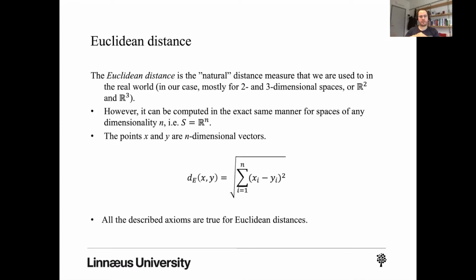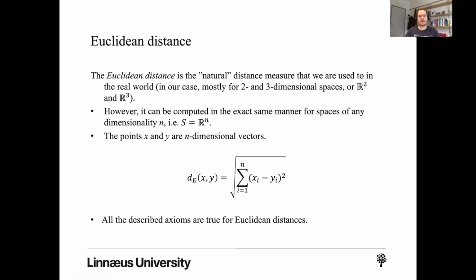Especially when we're talking about 2 or 3 dimensional spaces, because this is what we use in our everyday lives. We can never be perfectly 2-dimensional, but if you're on the ground or on a flat surface, that is close enough to 2 dimensions that you can consider it a 2-dimensional distance. But it's usually 2 or 3 dimensions.